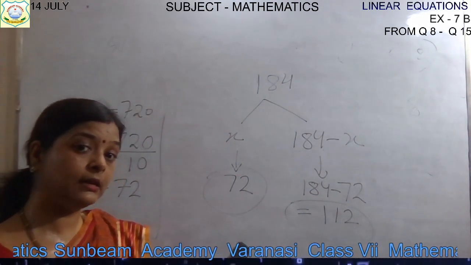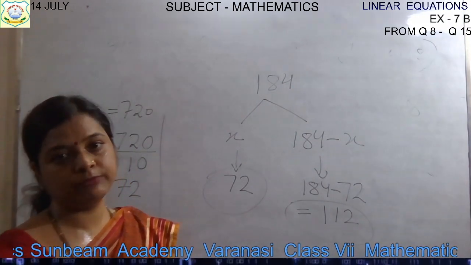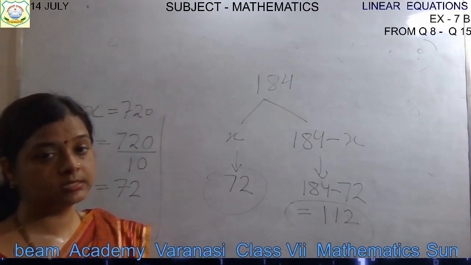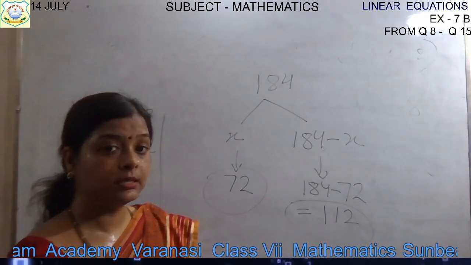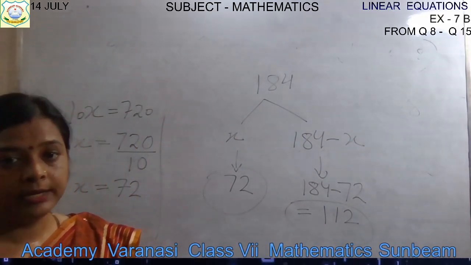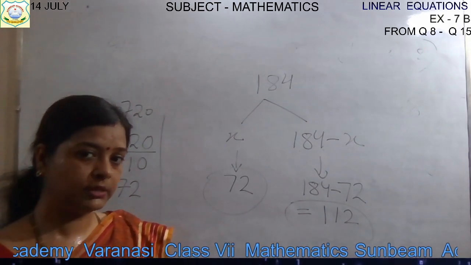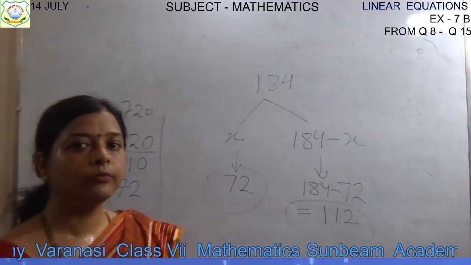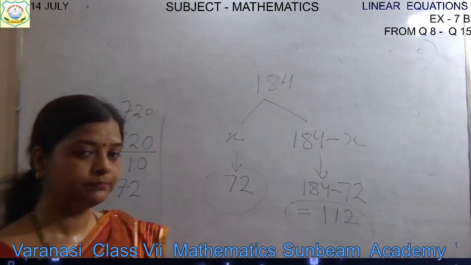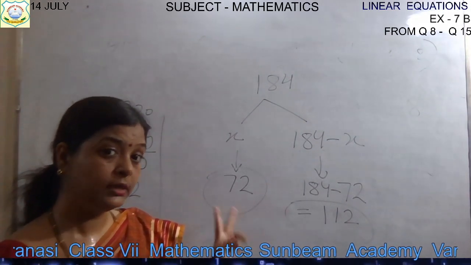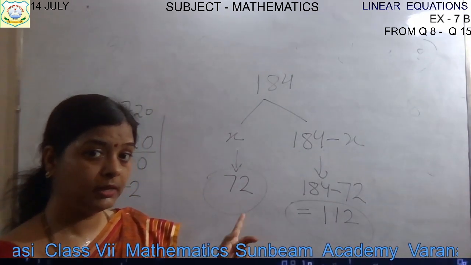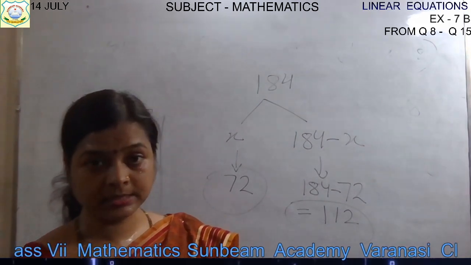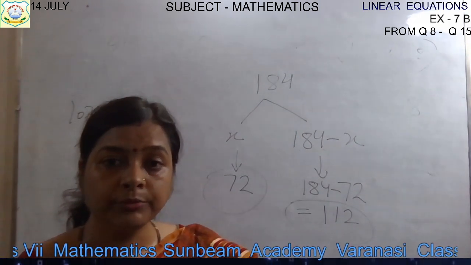You will write the answer in statement form also. Hence the two parts of 184 are 72 and 112. Clear? See, when you will add them, you will get 184. No need to add them. They are asking those two divided numbers. Till then, we have completed question number 15 also.